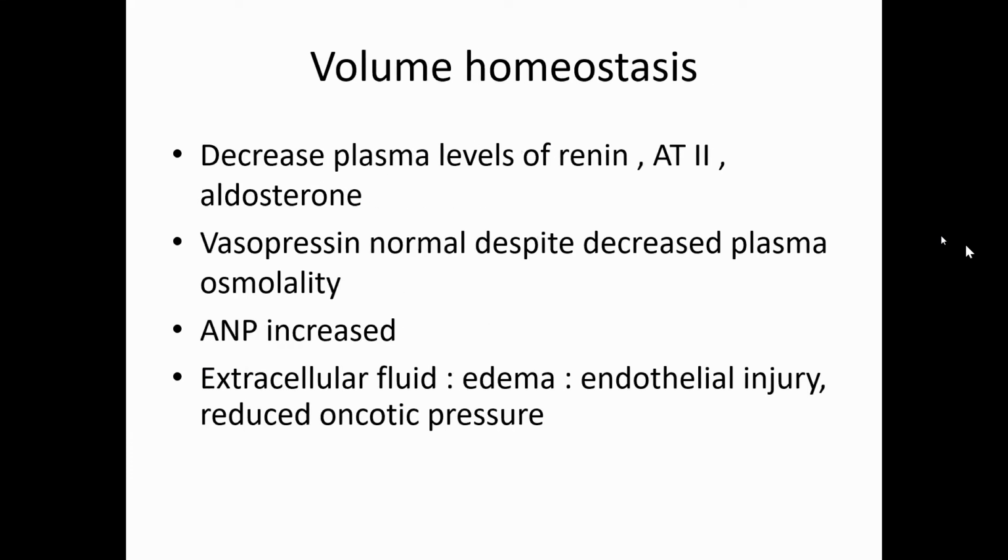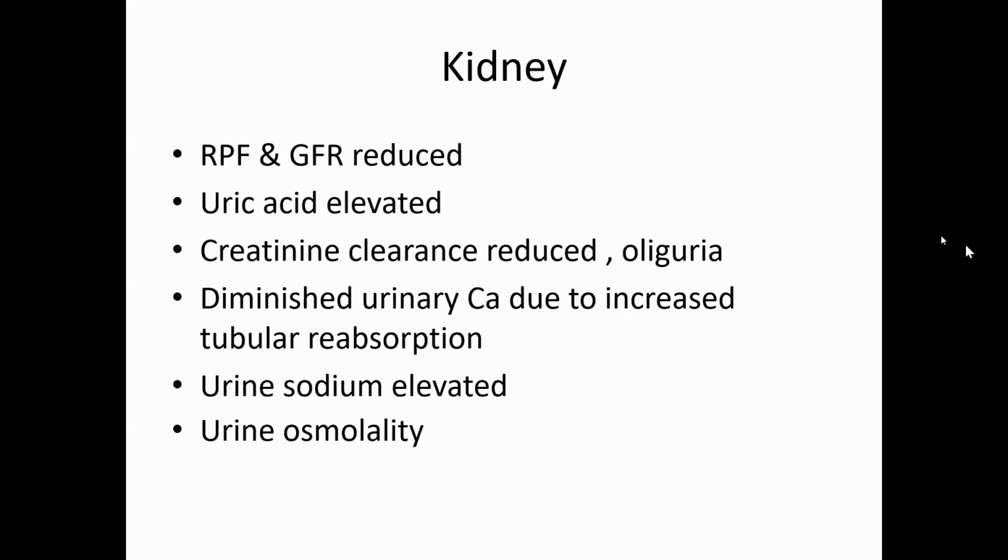And there will be activation of all these vasoactive amines, and that will lead to a decrease in urine output, and at times there will be endothelial cell injury, which causes leakage of protein into the interstitial spaces, and there will be low urine output as well as low intravascular volume. The glomerular filtration rate and renal plasma flow will all be reduced, and that will lead to elevated uric acid.